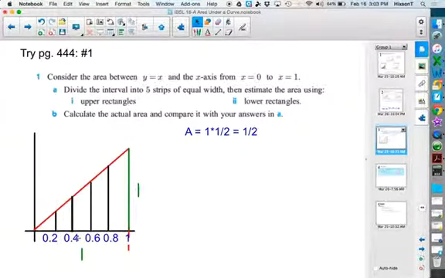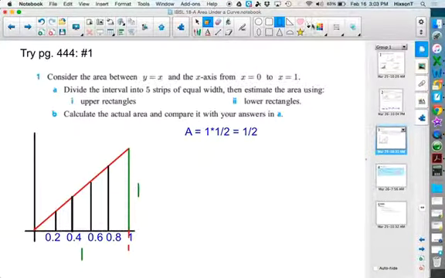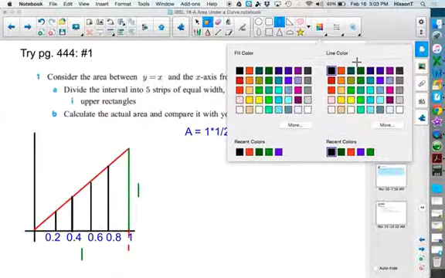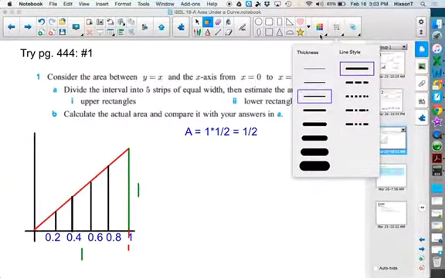So we have all of our x-coordinates. Now we need to decide, all right, we need to do upper rectangles first. So we're going to do upper rectangles. Let's do those ones in blue. So that means I'm going to come here. I'll make them somewhat thin here.